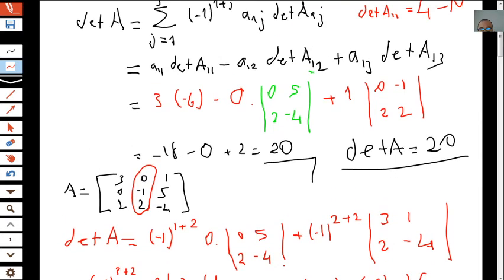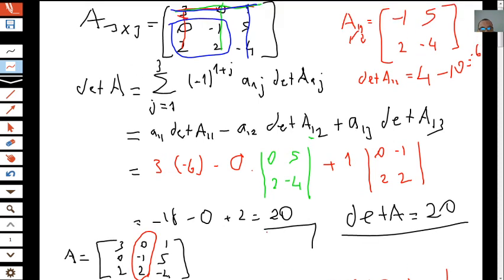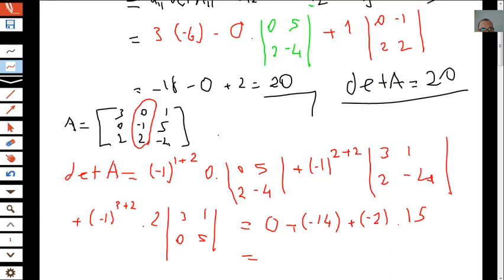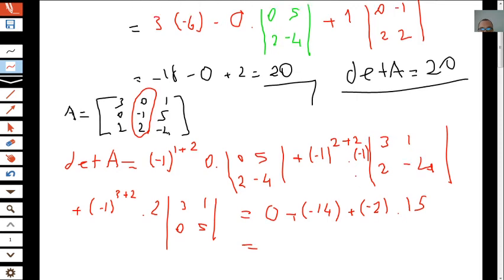Okay, from here we should obtain the same formula, but there is a mistake here, I guess. Here we should write -1, the entry. We should not forget to write the entry.